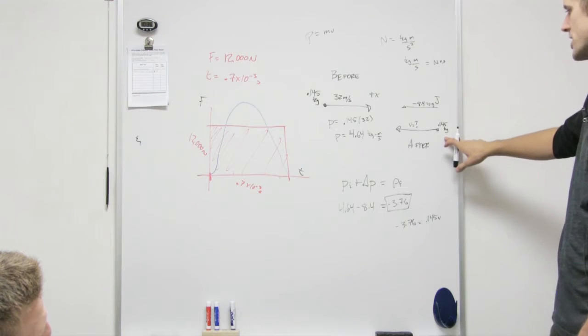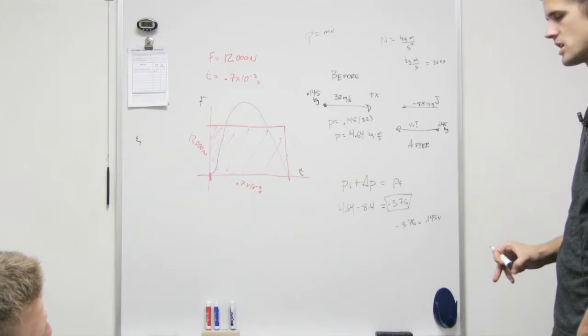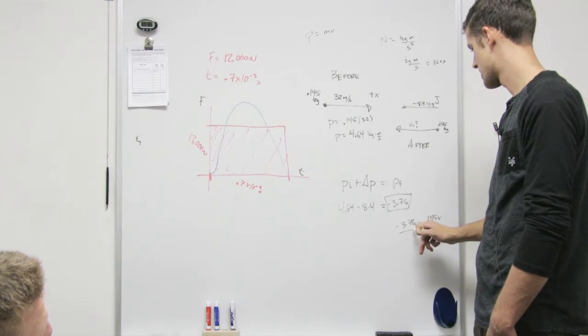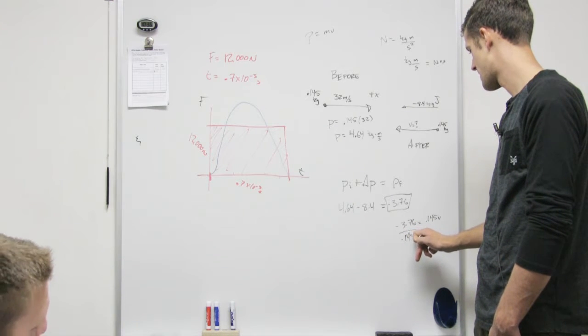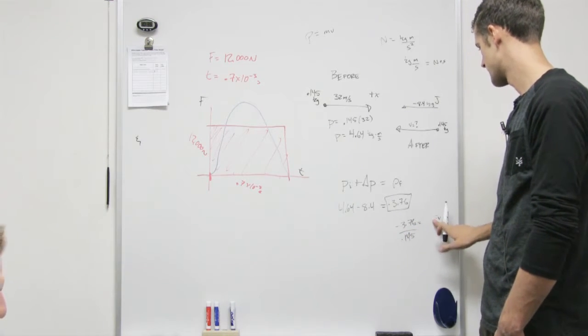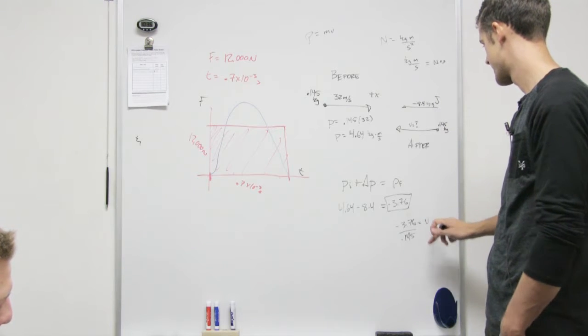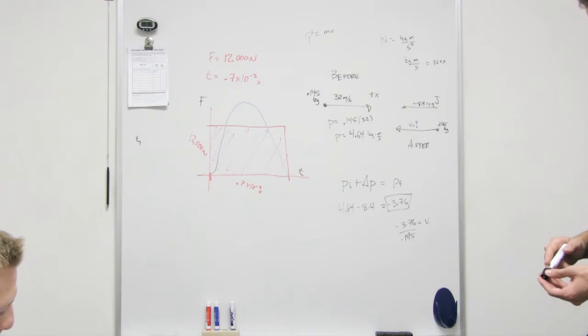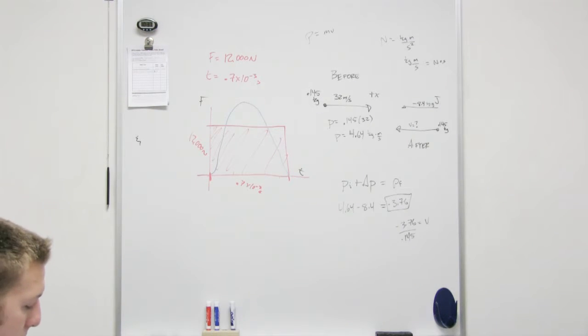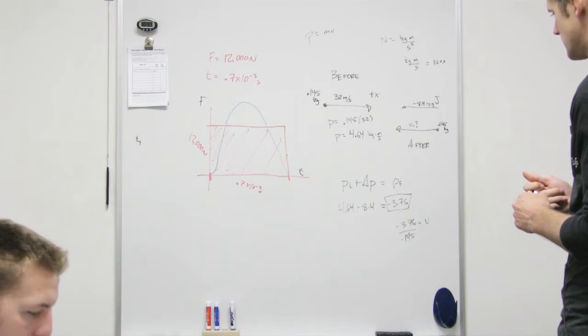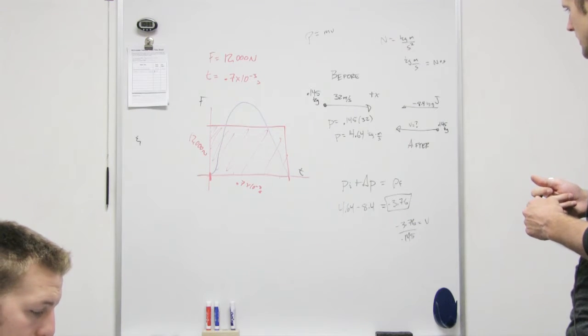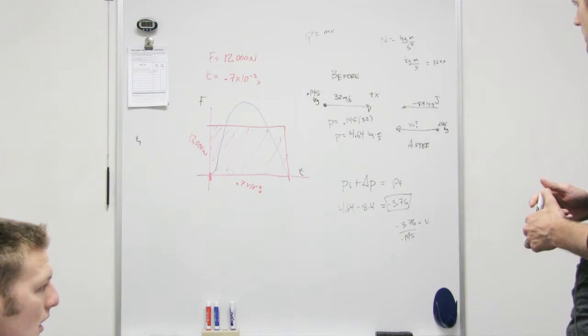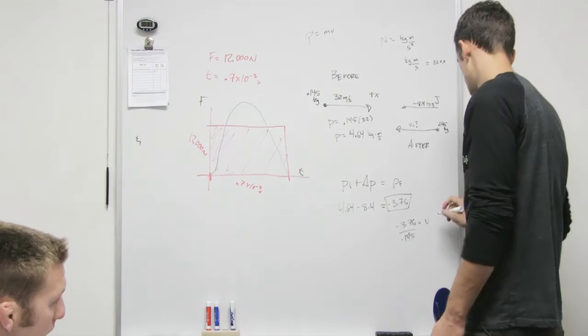You know your mass didn't change, just the velocity changed. So if you take this and divide by 0.145, that'll give you your velocity. So it's negative 25.931.